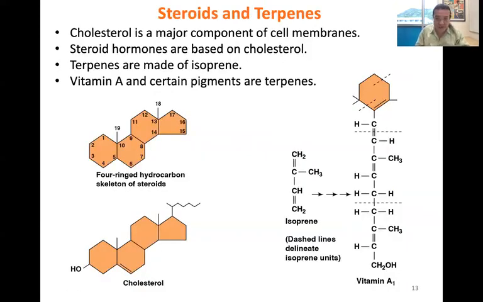Steroids and terpenes. So these are other examples of lipids that are very important in our living cells. You notice when you look at these orange sort of rings, you're like, wait, this isn't a long chain of hydrocarbons, is it? Yeah, it is. It's just, remember when we talked about chains of carbons being thought of as linear, drawn out, or as ring structures, like for example, glucose can be thought of as 6 carbons in a line, or you can draw it as a ring.